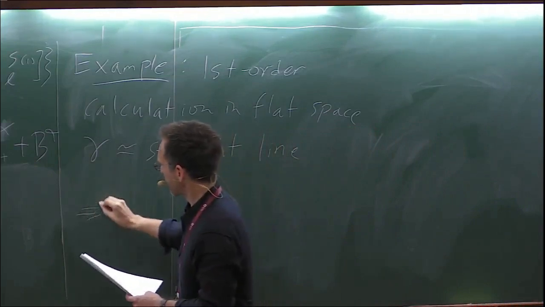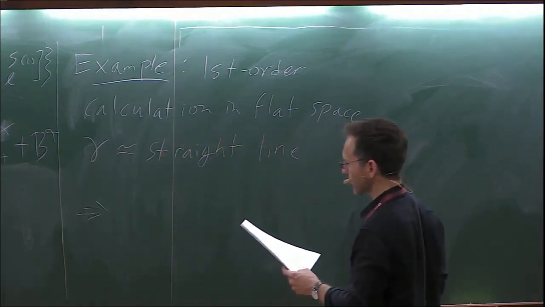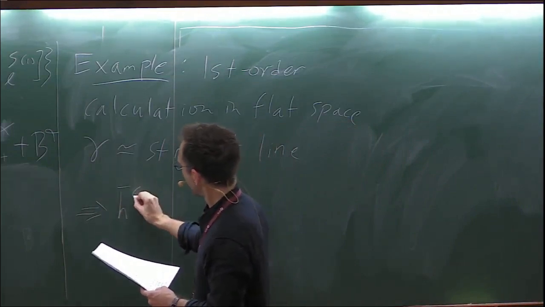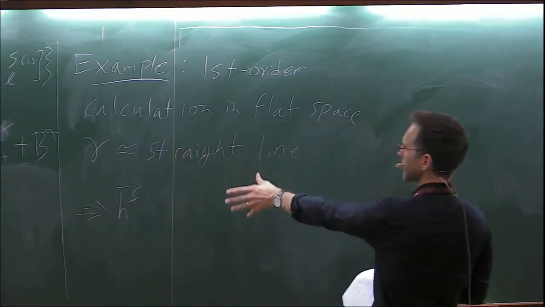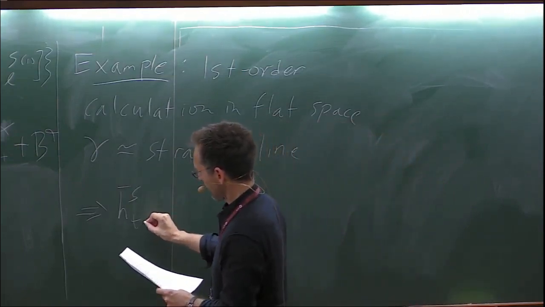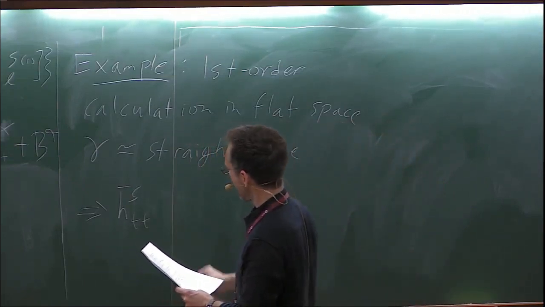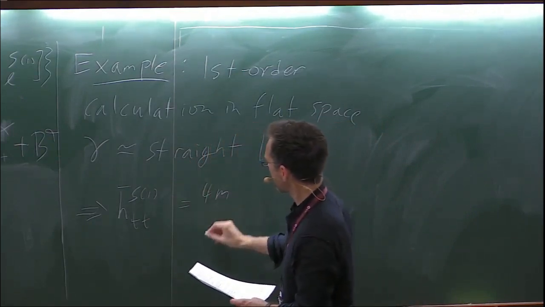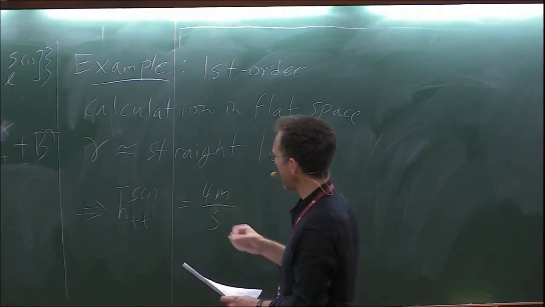And then the singular field has a very simple closed form. If we choose an inertial frame that's co-moving with this straight line, then we have first order singular field is 4m over s.